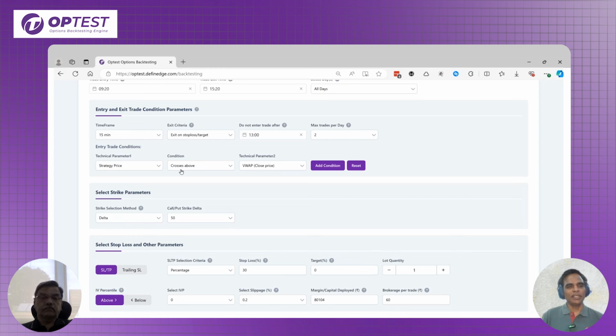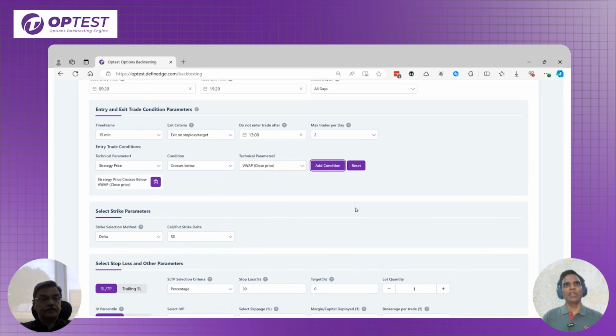Now the entry trade condition: strategy price crosses below VWAP price. This is because we are doing a short straddle. We are saying when it goes below the VWAP, then only enter, because we want a price action which is going down for a short straddle. So that is why we choose when the strategy price, which in this case is a straddle price, goes below VWAP price.